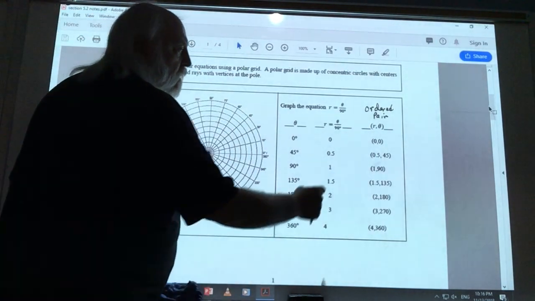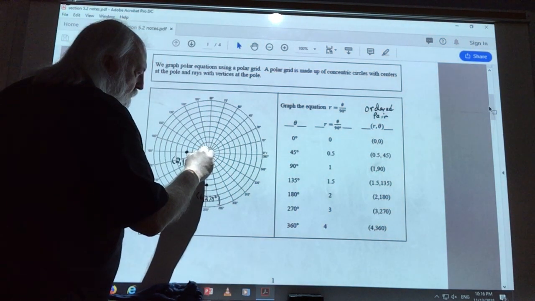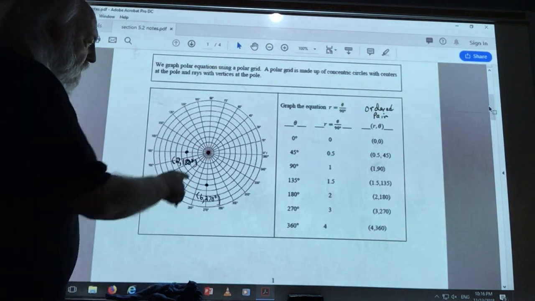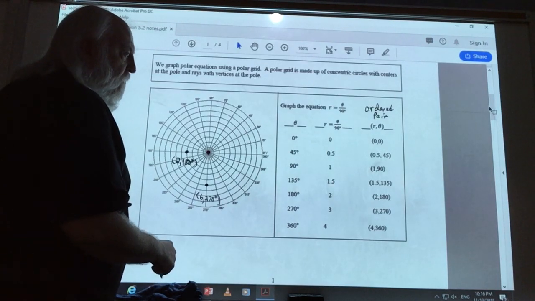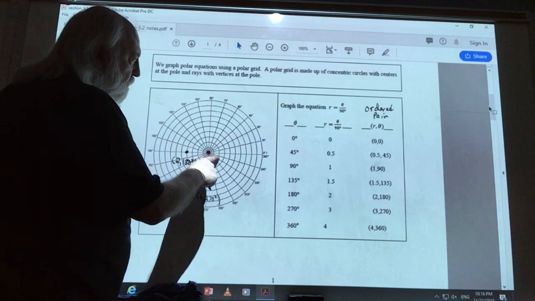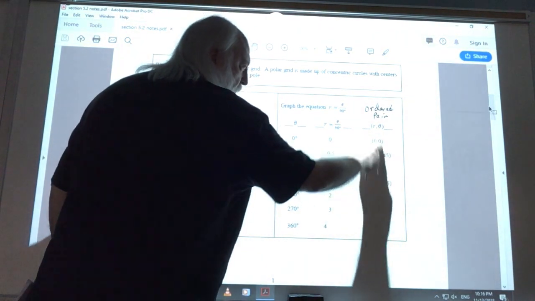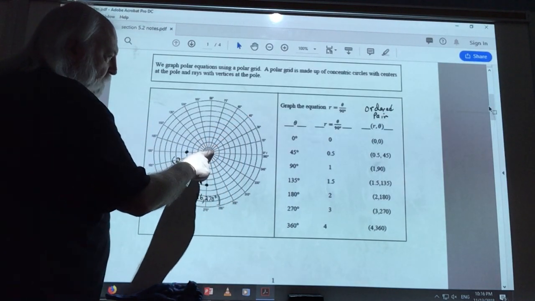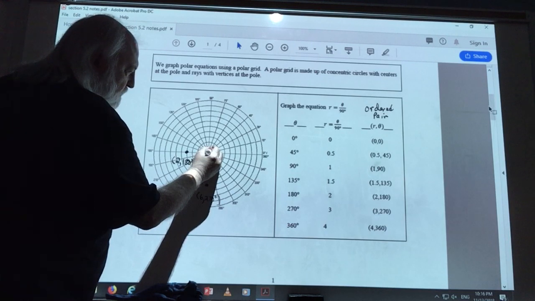The first ordered pair is (0, 0). That's the pole, at the very center of the polar grid. The point (0.5, 45 degrees): I forgot the degree symbol, but the second number is in degrees. So I go to the ray 45 degrees, and I go out 1/2 unit, the first concentric circle.